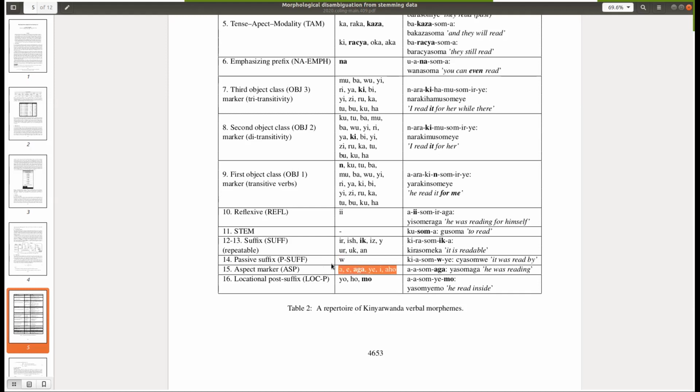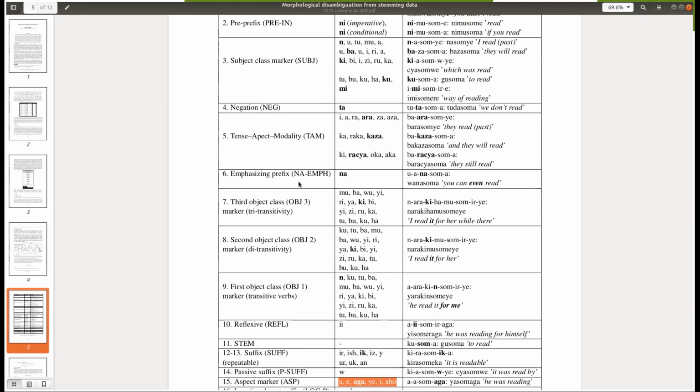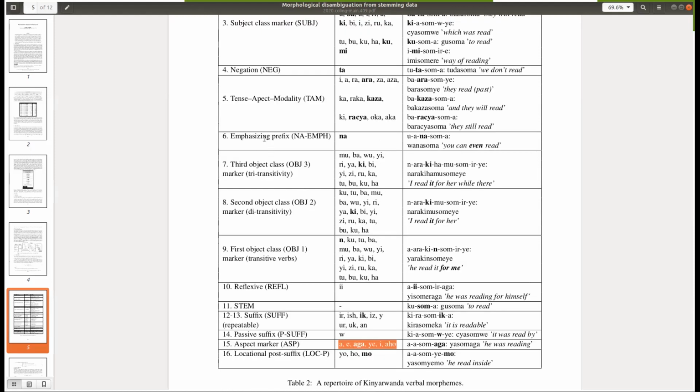This slot usually has some kind of correspondence with the tense slot. So if you say aracyasoma, racha, usually these aspect markers, if the tense modality morpheme is racha, it can mean that the ending will be a.